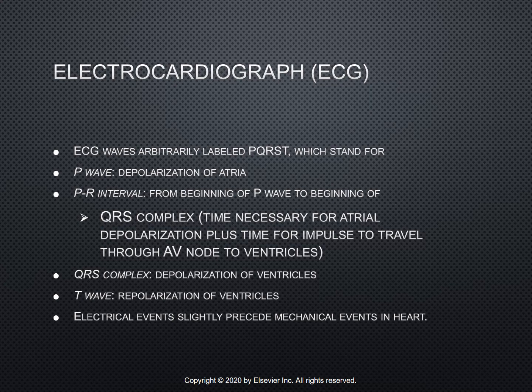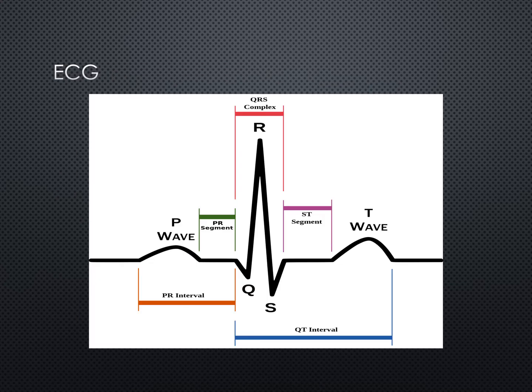A STEMI is an ST elevated myocardial infarction. With this picture, you can see the P wave, then the QRS. If the patient was having an MI, the ST segment and the T wave would be elevated. So you see that ST segment. I don't expect you to know that, but I wanted to share so that you can see what an ECG is.